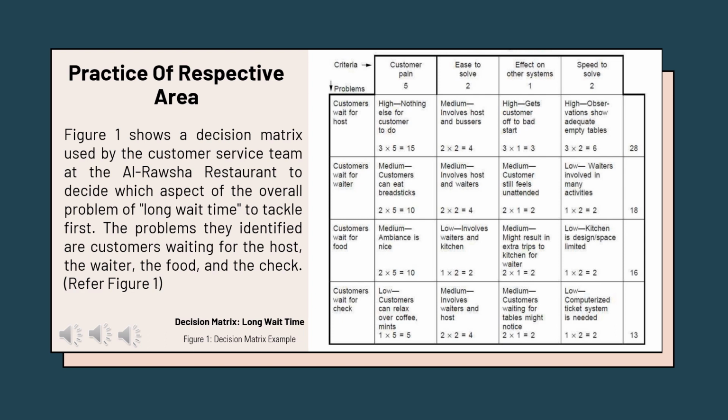This problem would not be easy to solve, which is low. As it involves both waiter and kitchen staff, the effect on the system is medium, because waiters have to make several trips to the kitchen. Solving the problem will take a while, which is low speed, 1, and the kitchen is cramped and inflexible.